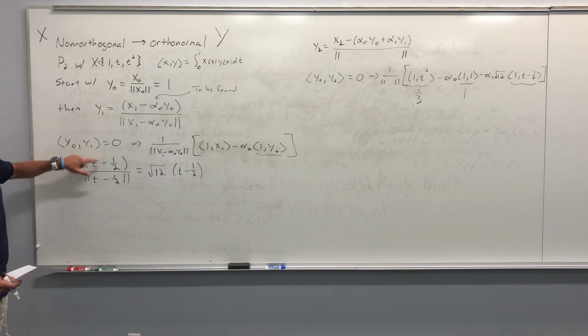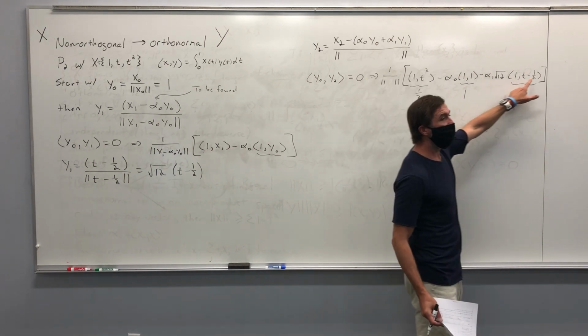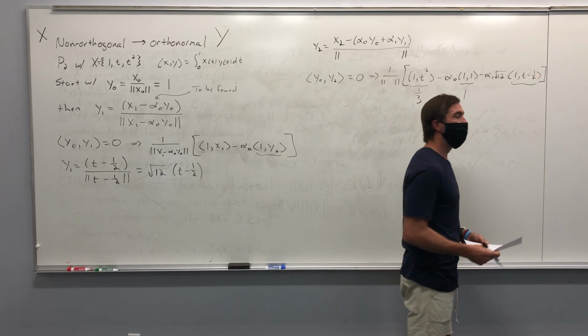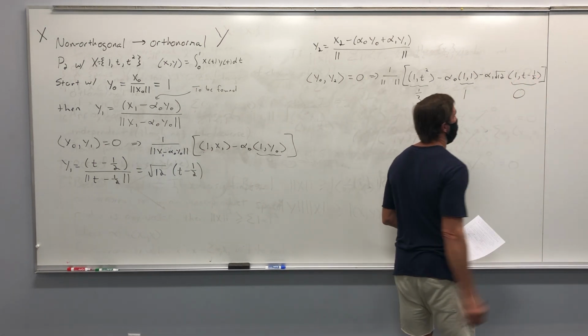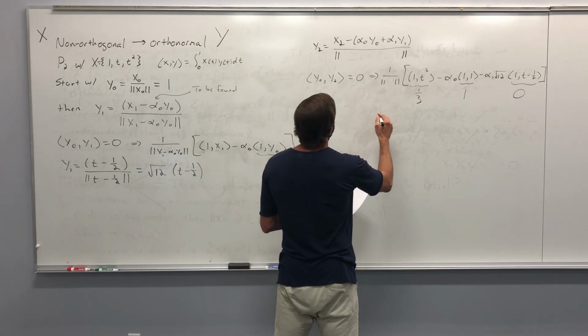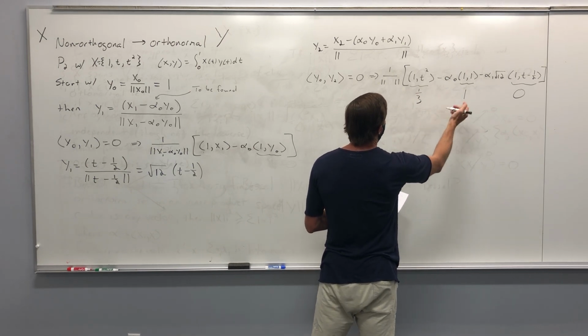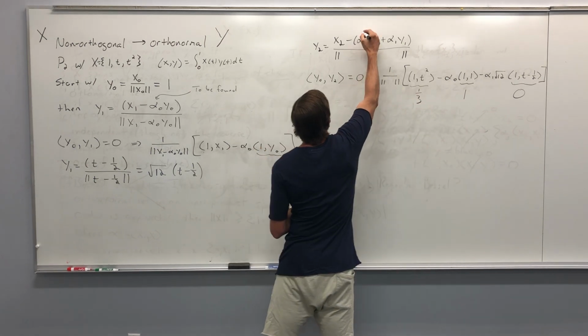What can you tell me about these two vectors? They're orthogonal. Well, look at this. This is 1 and t minus a half. It's 0. So this immediately tells me that alpha naught equals 1/3.